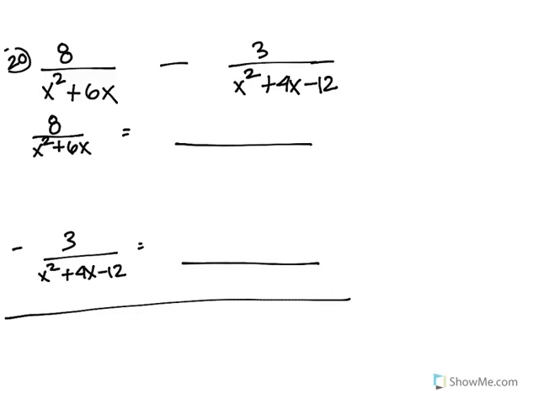Okay. So first, we need to do what with these denominators? Factor them so you can see what you got. So on that first one, x squared plus 6x, what are we doing on the first one? It's GCF, okay? That's straight GCF.